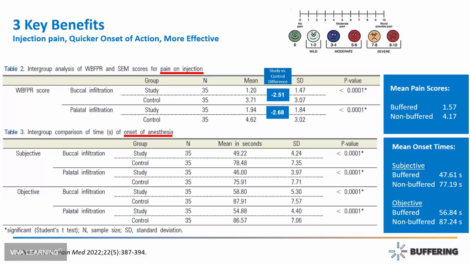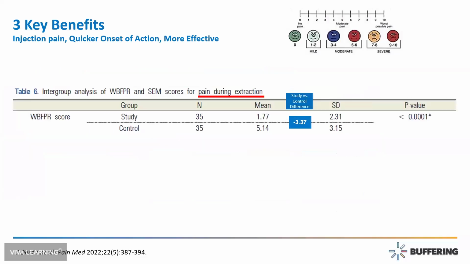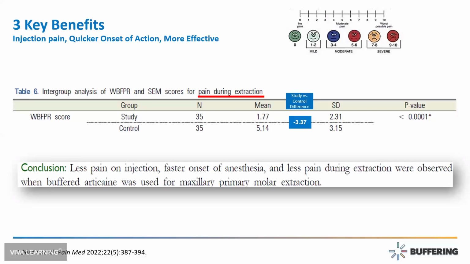So a statistically significant decrease in onset times for buffered versus non-buffered. The part of this study that I really like, though, is the next one. We saw decreases in pain and quicker onset, but then they asked about pain during the procedure. Study versus control, there was a difference of 3.37, which was a significant change.